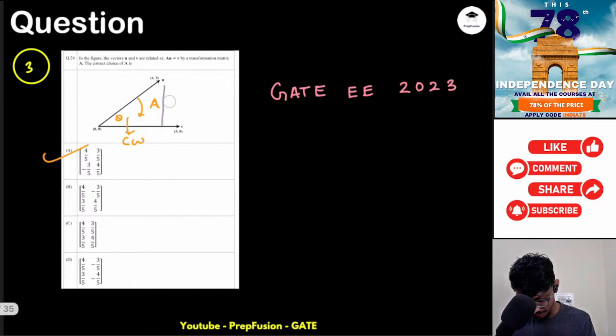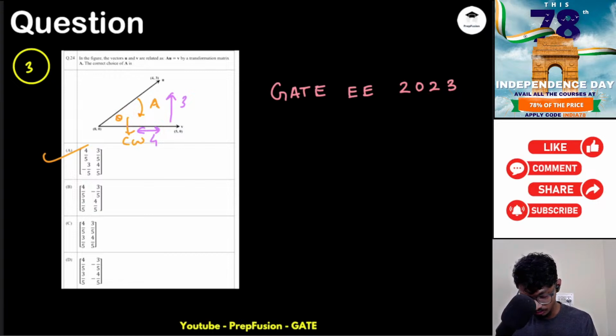Sorry, this is not the height. The 3 is the height, and the base is 4. I'm just writing the height and the base of this triangle, and if I come back here, this will complete the triangle. This is the theta that I'm moving.